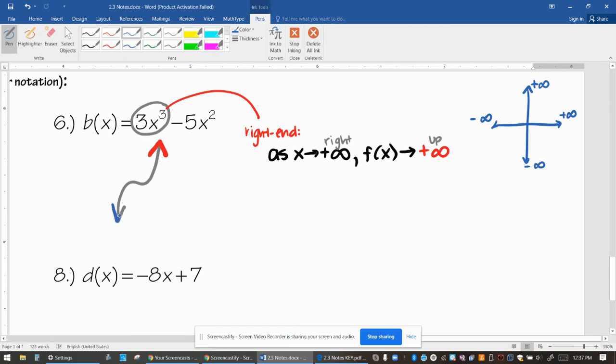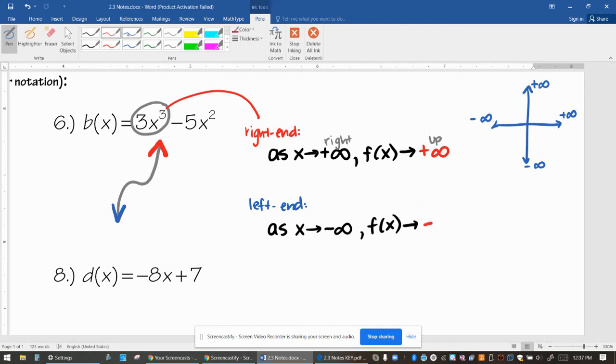Now, in a cubic, because it's an odd function, the left side and the right side have to do opposite things. So when I talk about the left end behavior, I want to make sure that I specifically say that as I go to the left on the x-axis, the y values do the opposite of what they did on the right end.